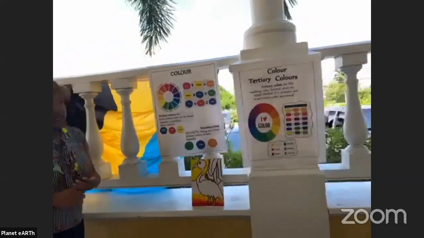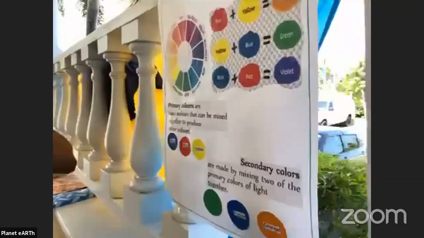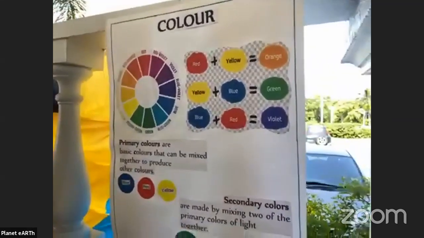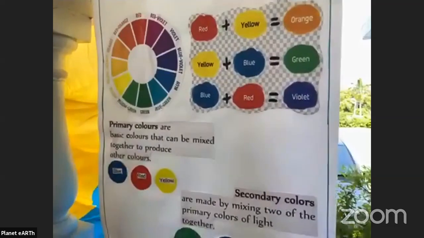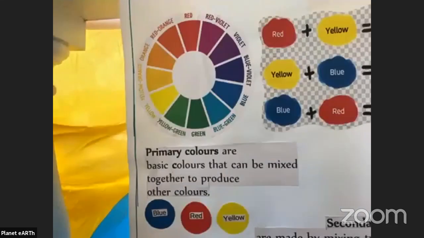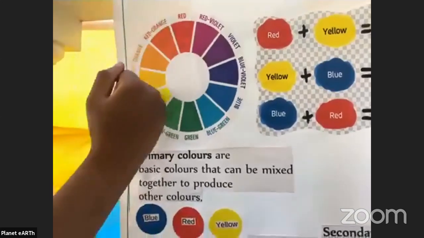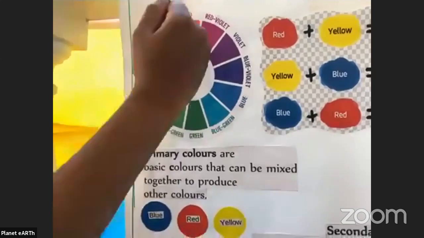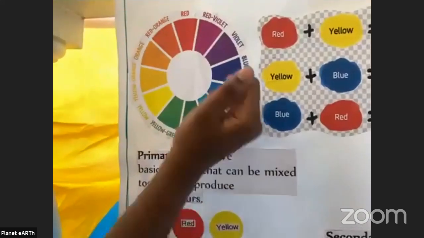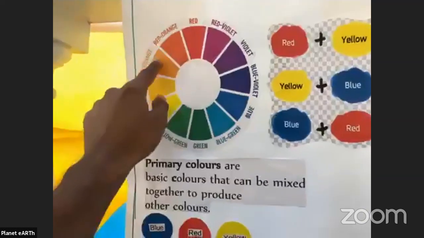So just another reminder, analogous colors are a group of 5 colors that are next to each other on the color wheel. So to pick your analogous colors, you could pick the color that you want to work with, let's say red, and you can either go to the left of it, and that's your 5, or you can go to the right, and that's your 5. 1, 2, 3, 4, 5.